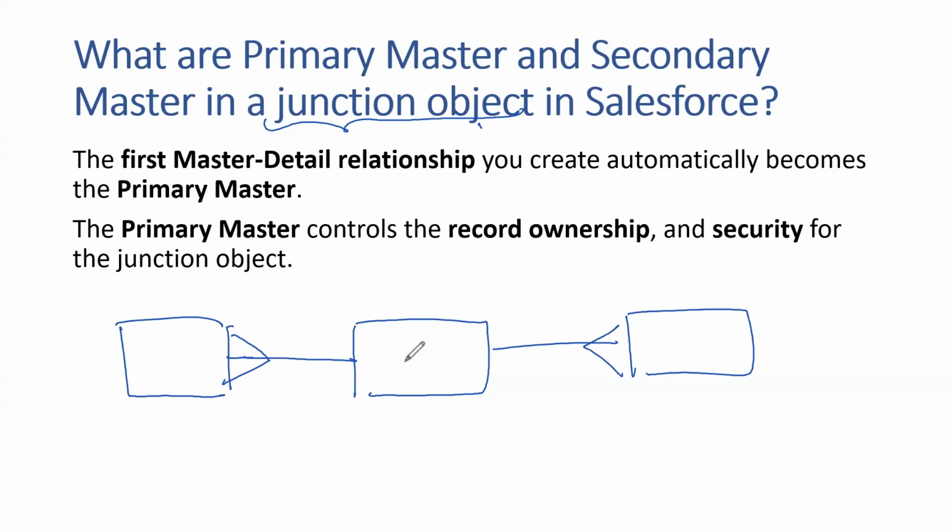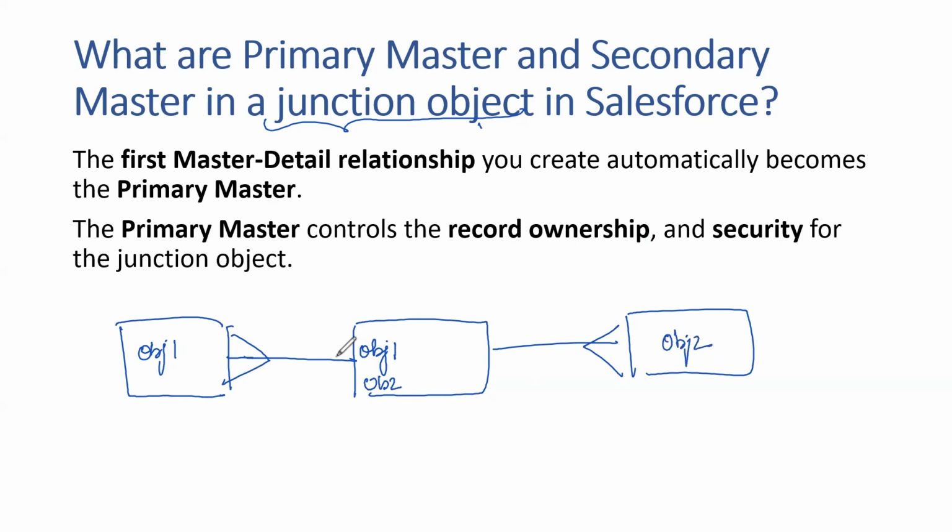So what you do is, you create two relationship fields. Now let's say that you create two master detail relationships. So the first master detail relationship is with object 1 and the second one is with object 2.